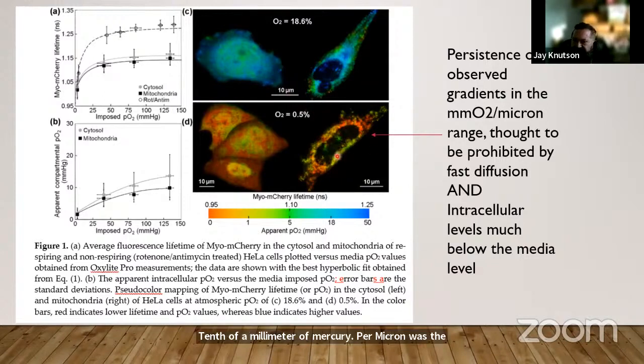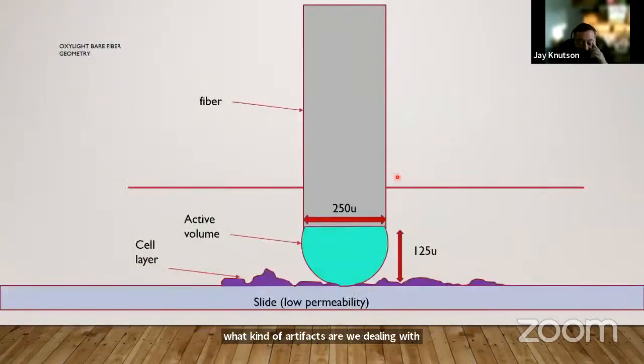And yet, when we looked at the heterogeneous systems, we not only saw gradients on the order of a millimeter of oxygen per micron, we also saw that the actual levels inside these cells were much less than what was being applied. So we wondered, what kind of artifacts are we dealing with? What could be making this probe not report the right thing?